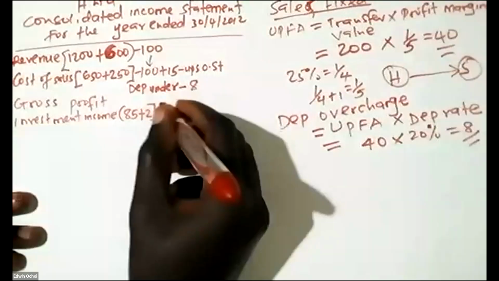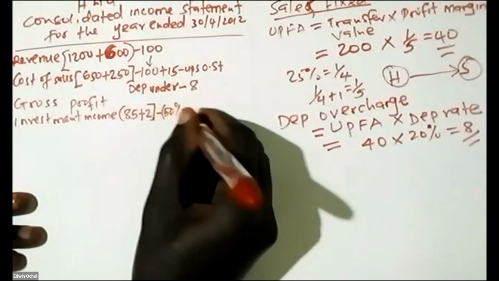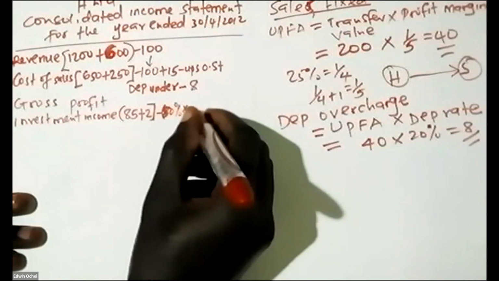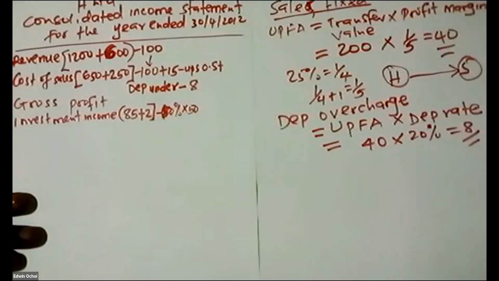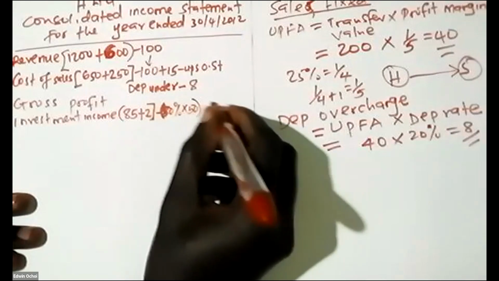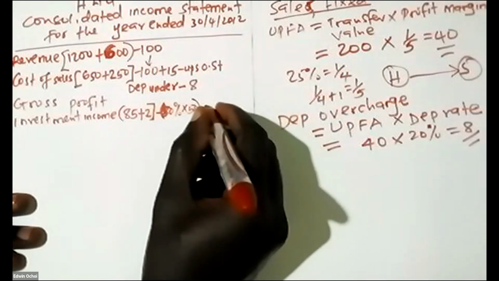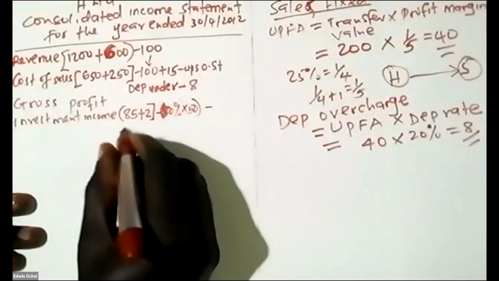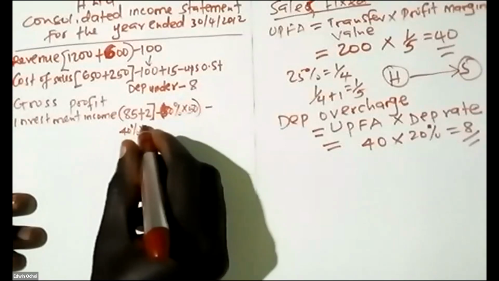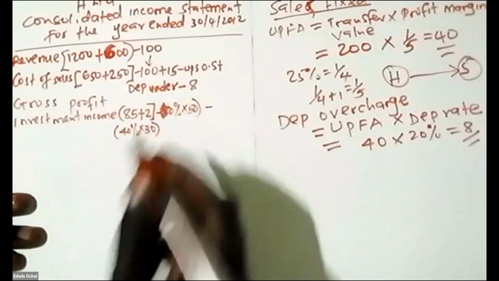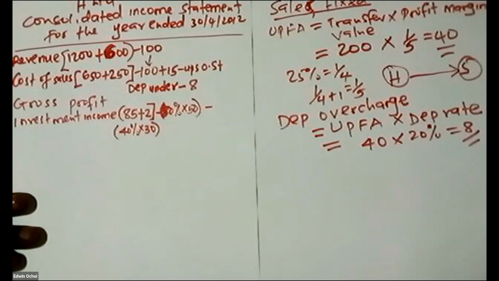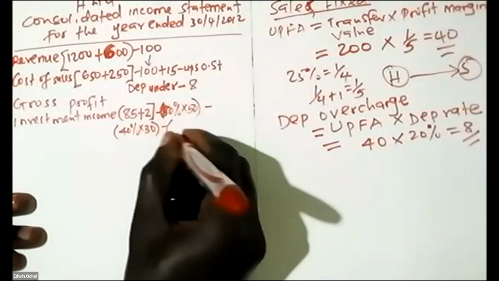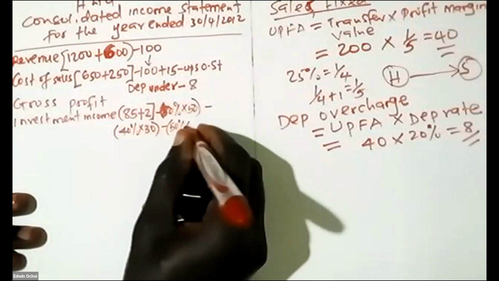So you say minus 50%, not 50%, but 80% of 50. That is for the dividends which were paid by the subsidiary to the parent, minus we have 40% of 30, because these are the dividends which were paid by the associate to the parent, and we have 50% of 40.